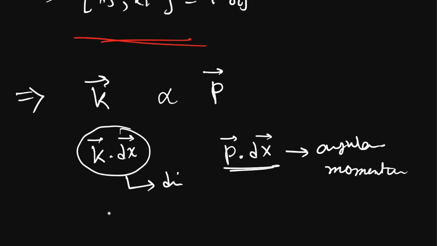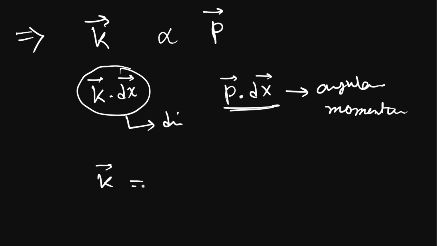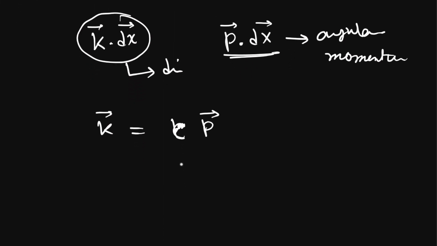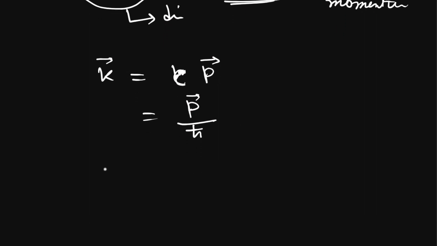So k should be equal to some constant c into p, and it happens that this c is equal to 1 by h cut. The dimension of h cut is the same as angular momentum.